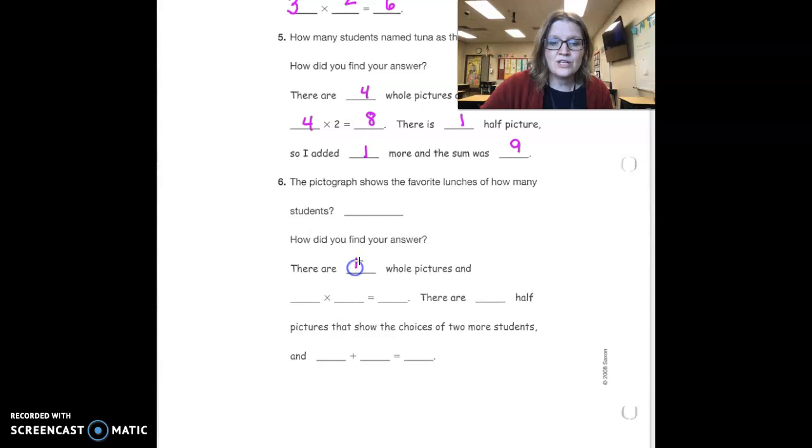So there are 14 whole pictures. 14 times 2 equals 28. And there are 2 half pictures, which represents 1 and 1. So that shows the choice of 2 more students. So we say 28 plus 2 equals 30. So we have 30 students in total for room 12.